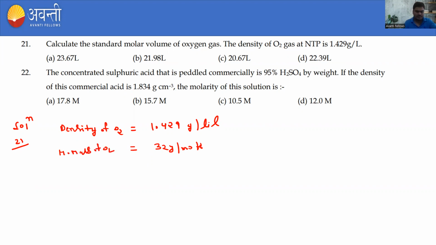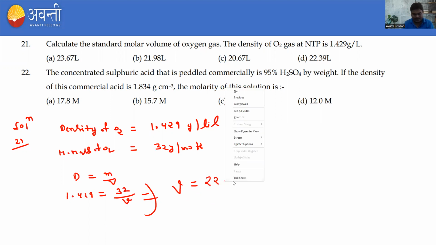Now, density, we all know, is equal to mass upon volume. The density is already given, 1.429, and the mass is 32, so you can calculate the volume. The volume comes out to be 32 divided by 1.429, which is approximately 22.39 liter, or we can say 22.4 liter.